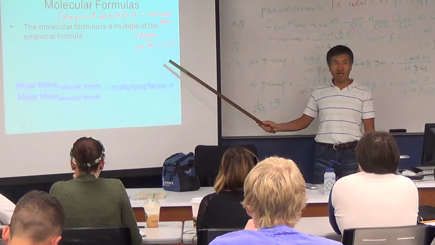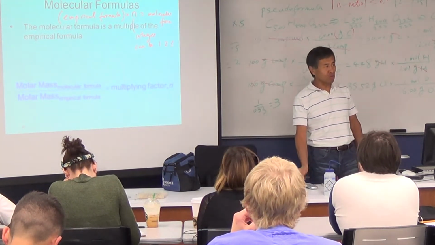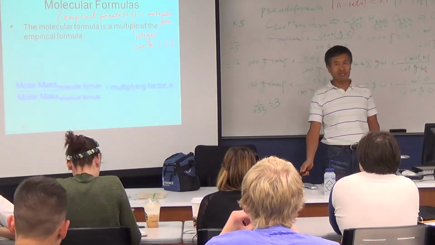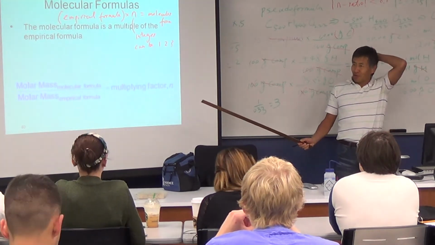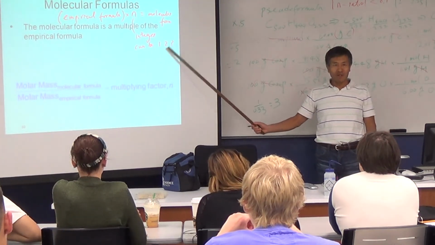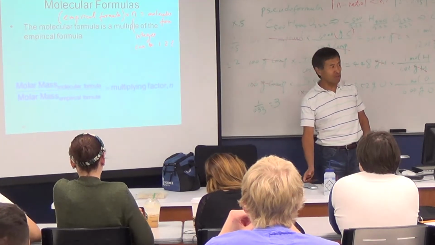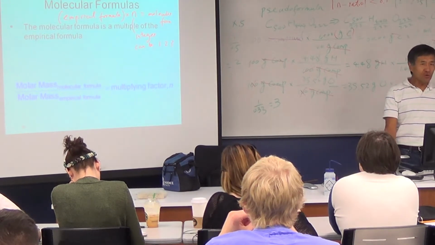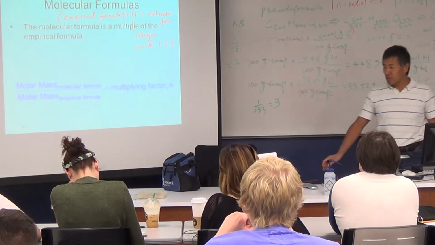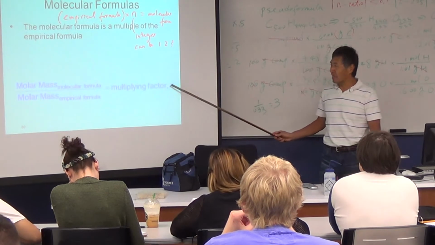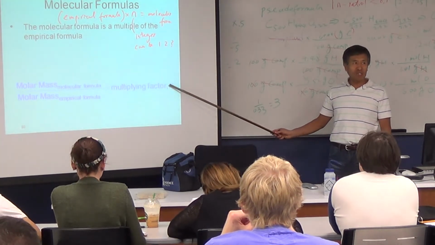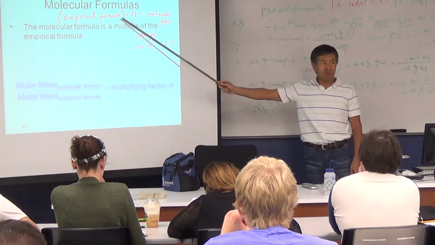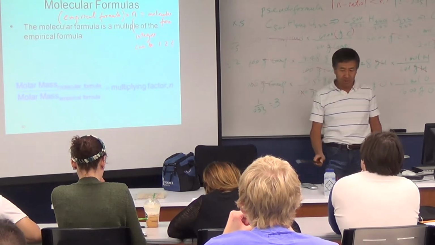It will be close enough, and you can simply round up or down to those integers. In real life it's not that exact. So just remember, if you have the empirical formula, you use this formula to find n. Once you have n, you multiply it onto every subscript of your empirical formula. That's what we mean here.